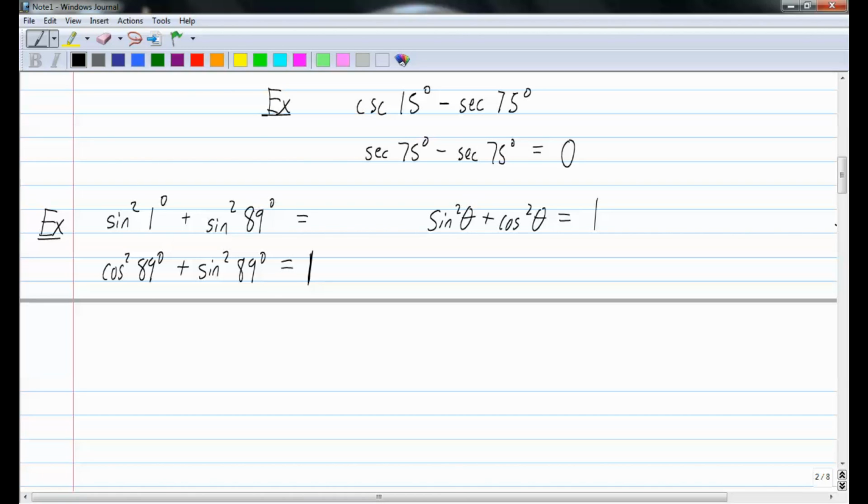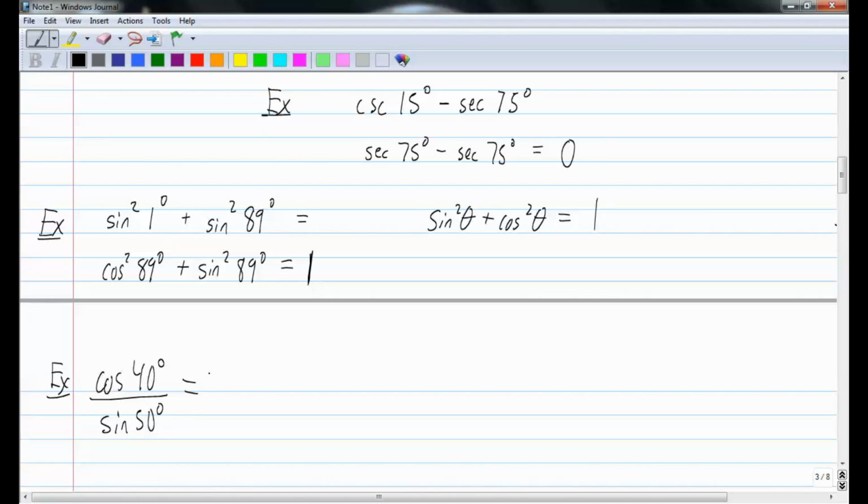Alright, let's look at another. Let's say that I had the cosine of 40 degrees over the sine of 50 degrees. Now you can change either one of those into its cofunction. I'm just going to change the numerator into its cofunction, just because it's easy.